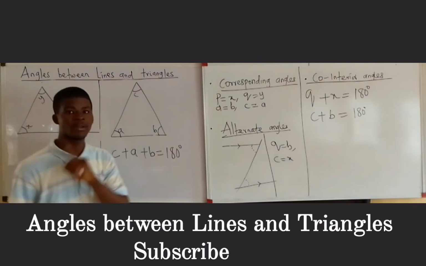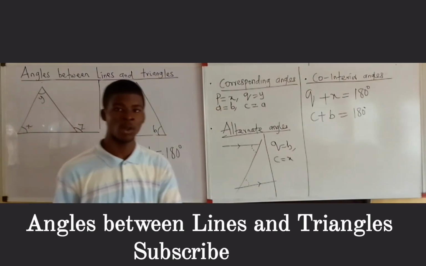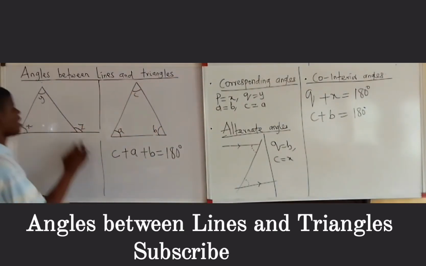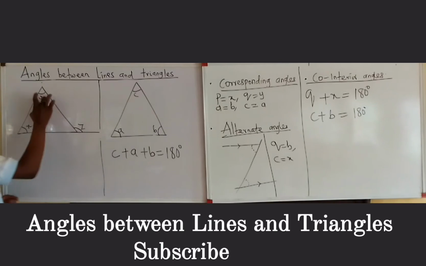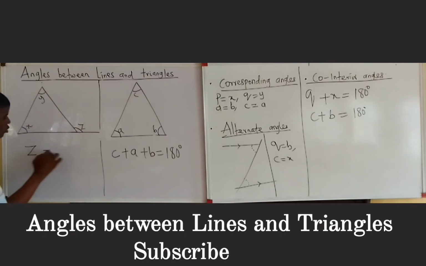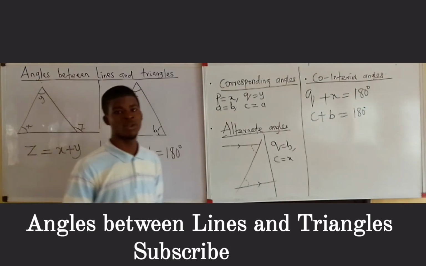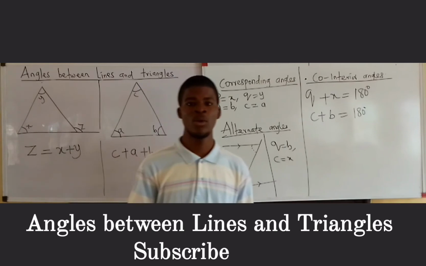The rule says that the exterior angle of a triangle is equal to the sum of the opposite interior angles. I have my exterior angle Z, and two interior angles X and Y. It therefore means that Z is equal to what? X plus Y.